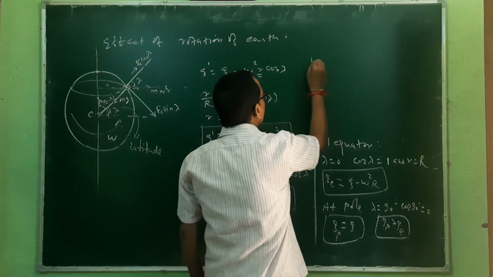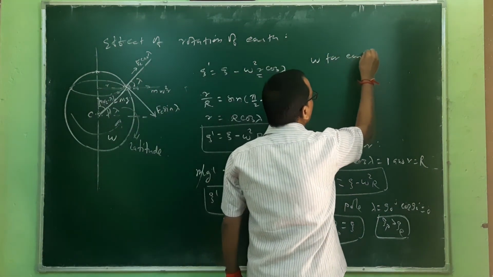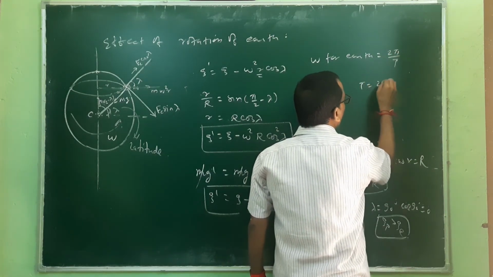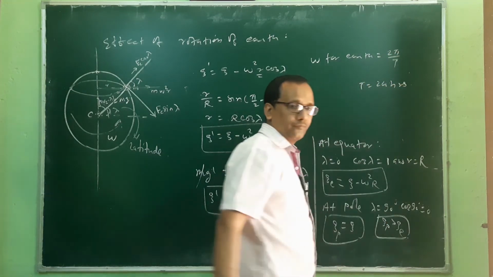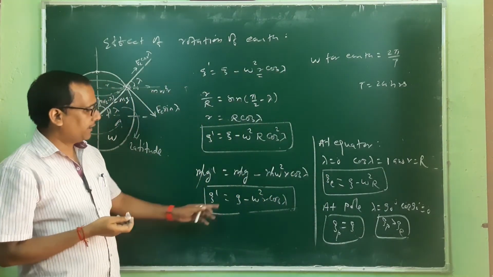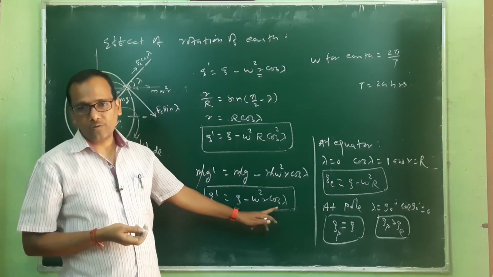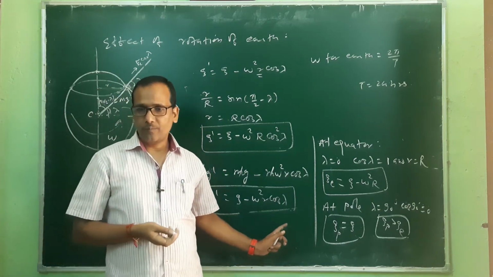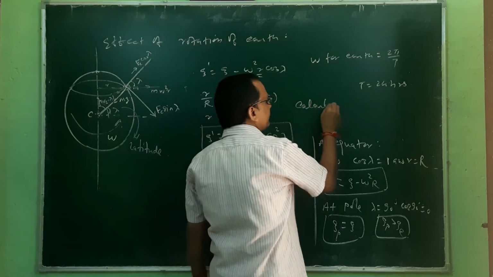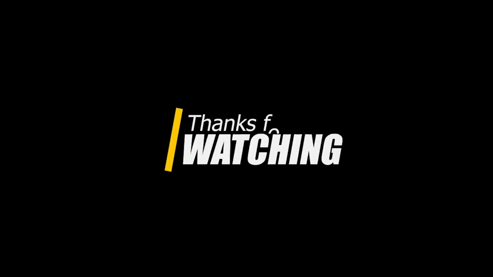Omega for the Earth is equivalent to 2 pi by T, and T is 24 hours. R is fixed, the radius of our Earth we know, and for Bhilai you can take lambda from Google. You can put lambda in and calculate g.